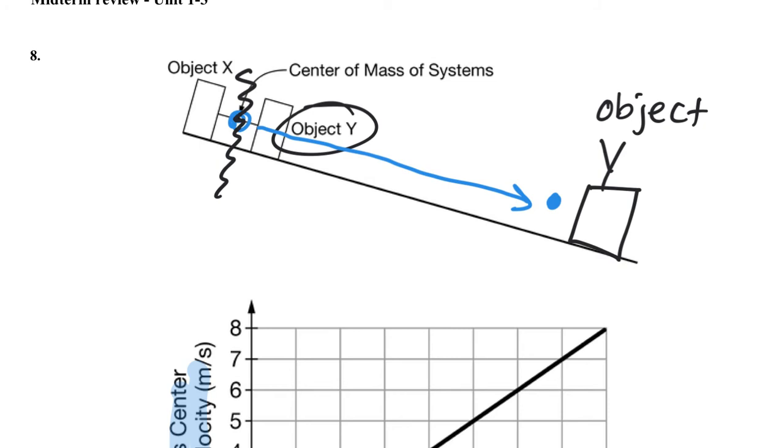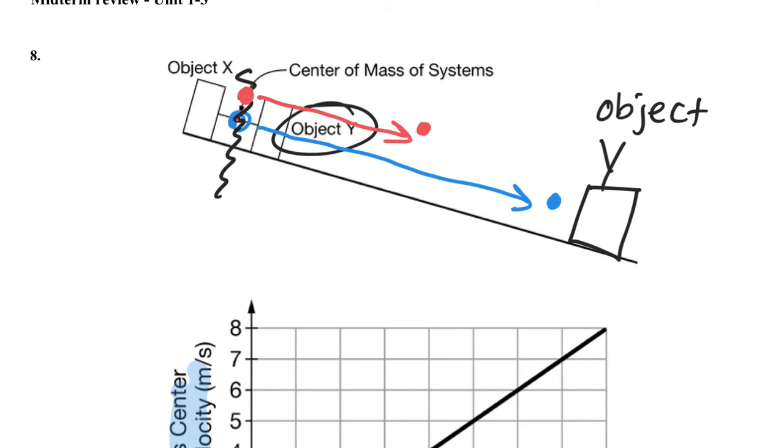Okay, in this new situation, which is going to be in red, object X and object Y separate from each other, but they're still one system. If they're one system, they have a center of mass. I'm just going to put it directly in the middle, and its center of mass will only travel from here to here.